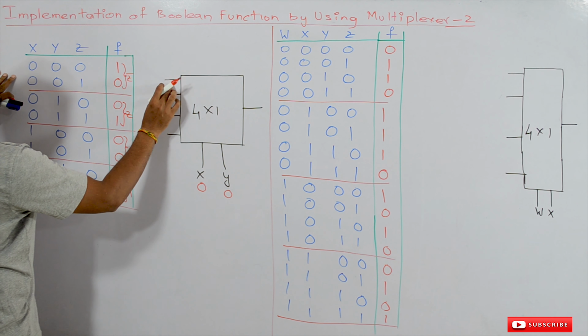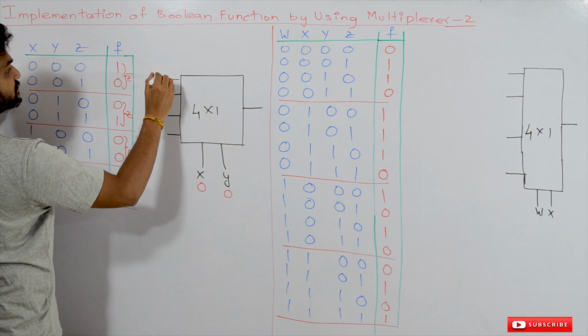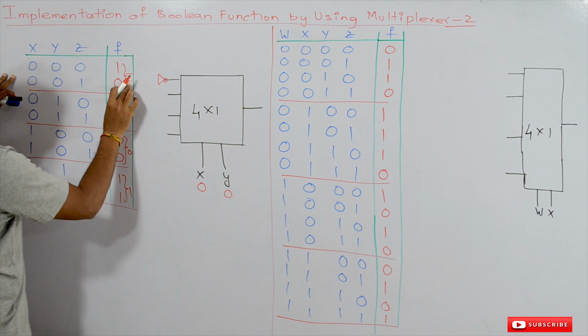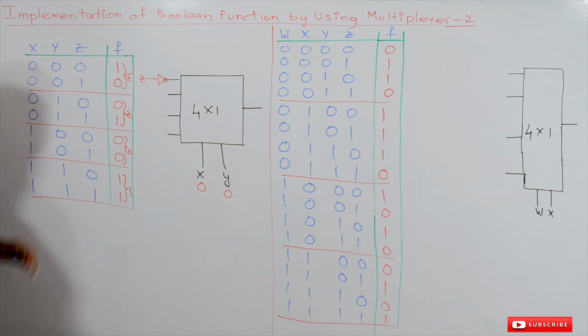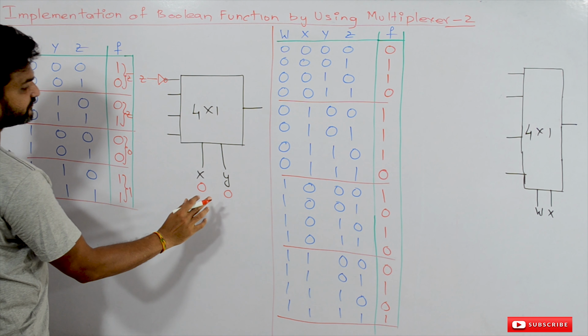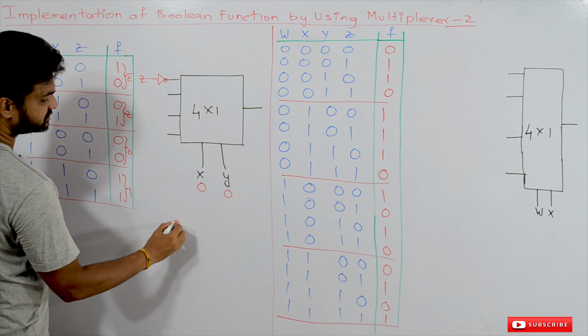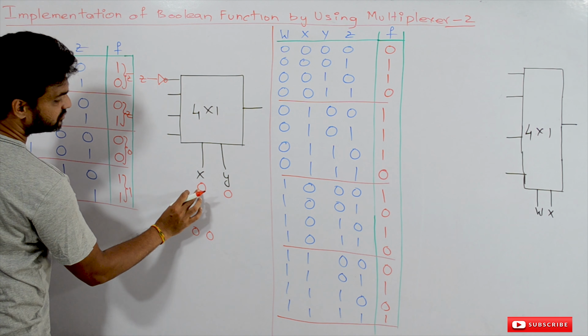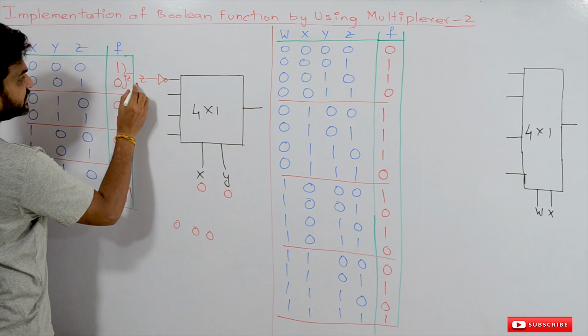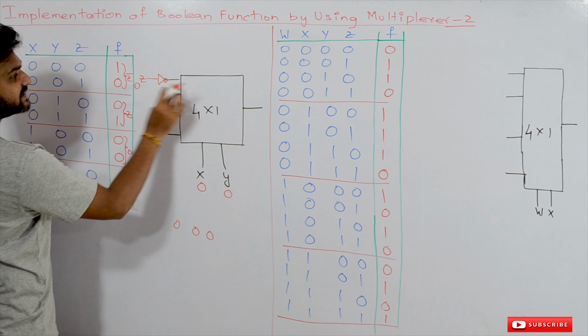Now, whenever the value of xy is 0, 0, we have said that it is z complement, so the value of z is complemented. See here, if the input is 0, 0, 0, the z input is 0. So what does it have to produce?